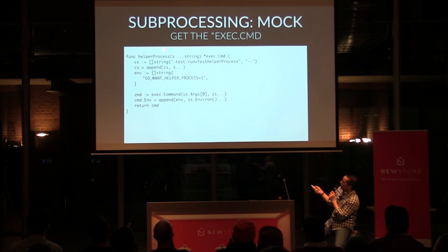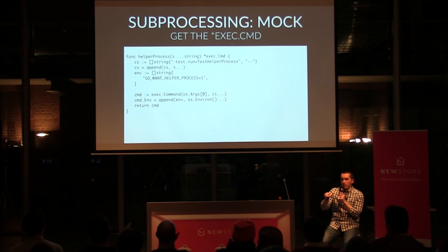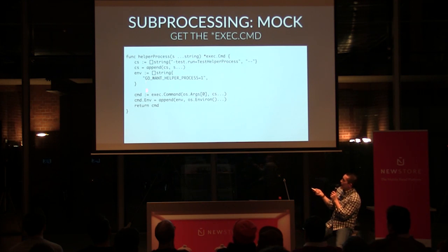But basically, we're calling this from a test, so we're making some new args. The new args are saying to run only a single test. Then we have this dash dash, and then we append anything we give to it, and we'll cover the importance of that later. And then we set an envar, GO_WANT_HELPER_PROCESS. If you Google this environment variable, you'll find the source code in the Go standard library where it comes from, or you'll find our source code, because I haven't seen it anywhere else, like I said.